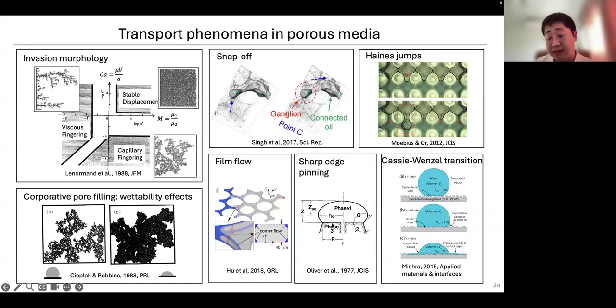Sharp edge pinning effect, that's basically the same as the mechanism we have been exploiting to achieve spontaneous droplet movement I talked about earlier.